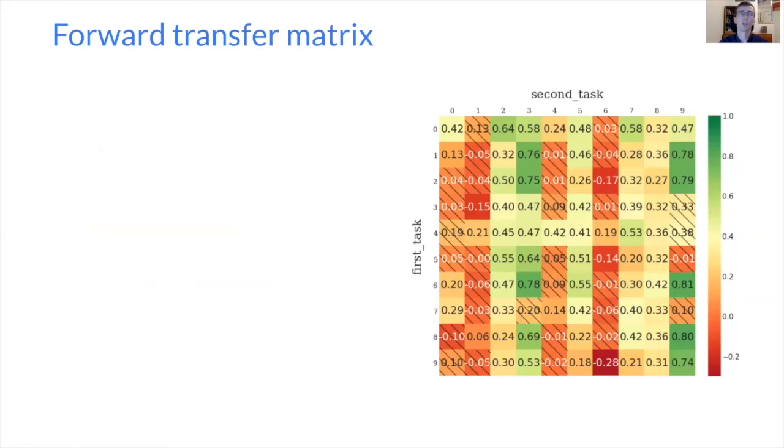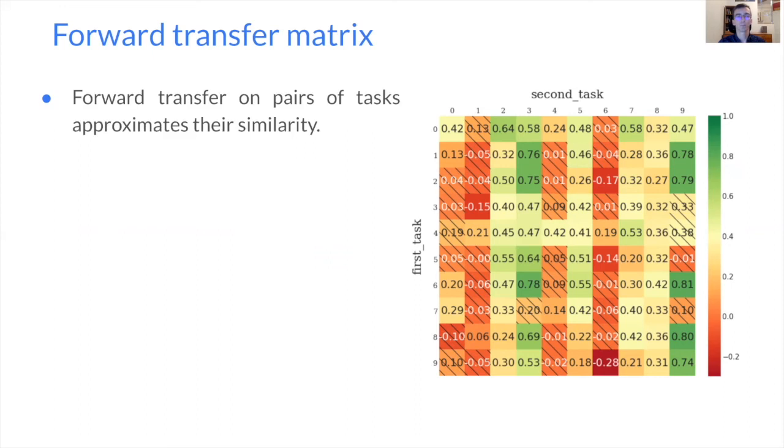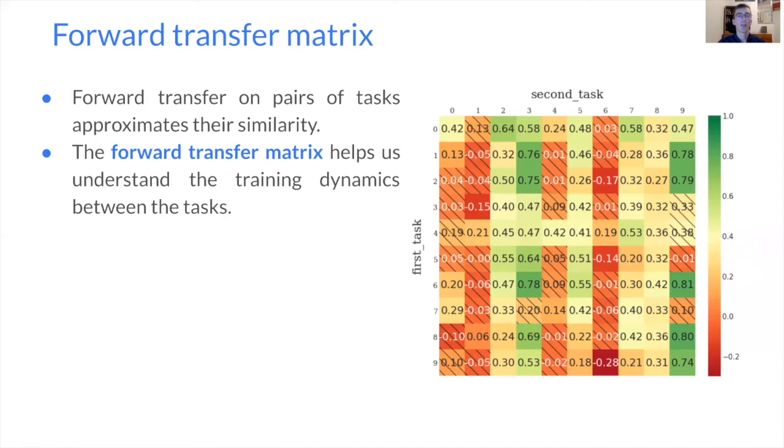In order to study forward transfer more deeply, we look at transfer between pairs of different tasks. We can measure the similarity of any 2 tasks by training them in a sequence and measuring the obtained forward transfer. This way, we can build a matrix representing the training dynamics between different tasks in the benchmark. We use it to better understand the tasks and their relationships.